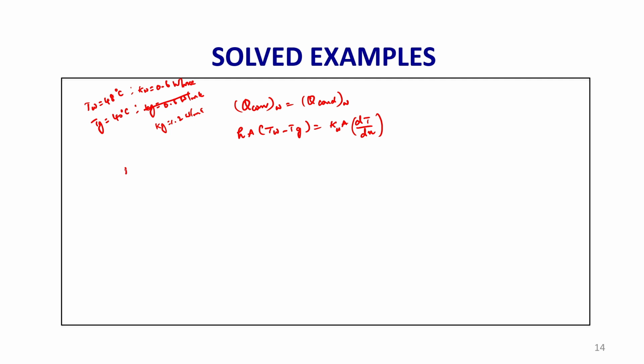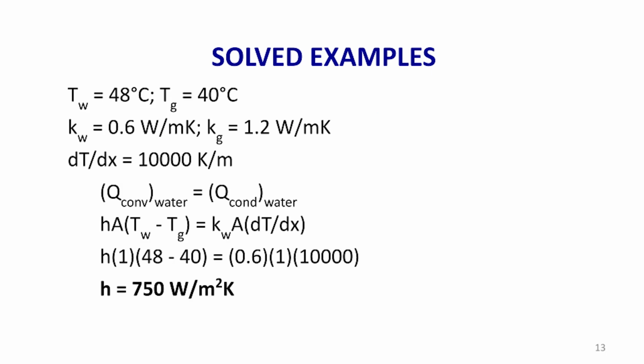If area is not given, you can take 1 meter square and calculate the value for unit area. Substitute the values, all the values are given. Of course, A will get cancelled in this case. Or it will be for 1 meter square.